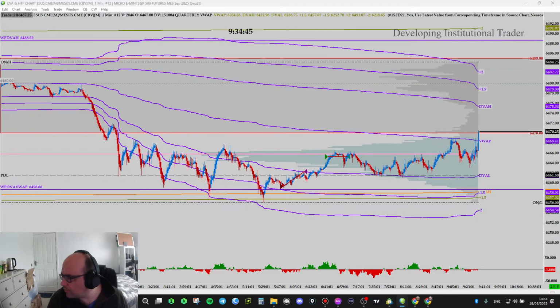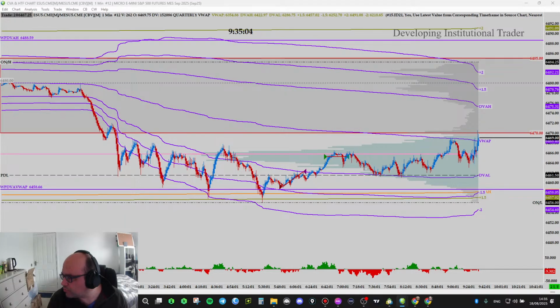Now we're at the CVA low. We see some absorption there. As soon as the absorption breaks, I'm gonna be entering.